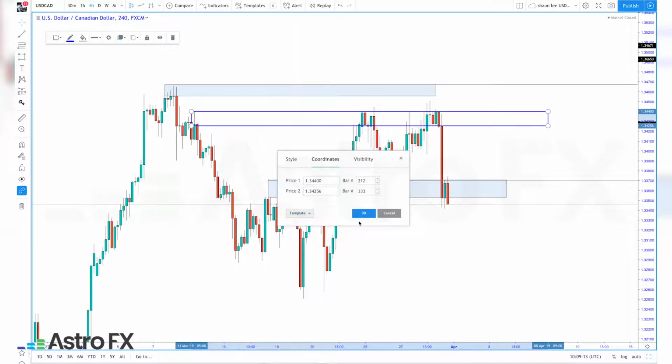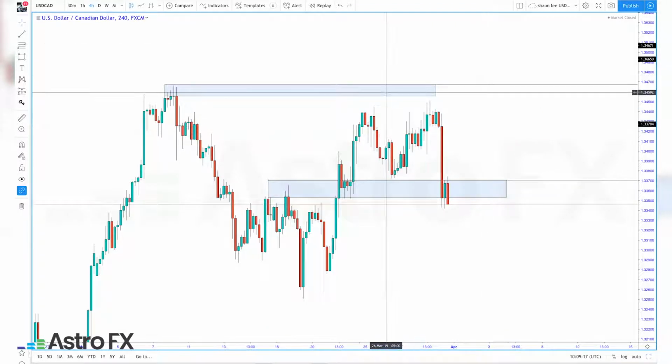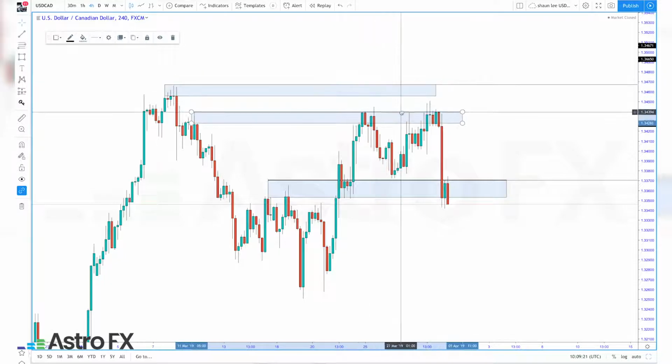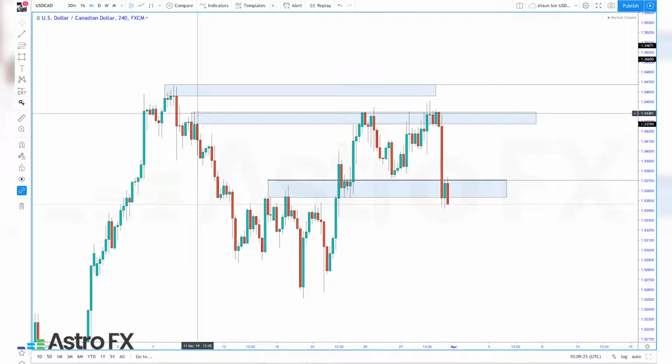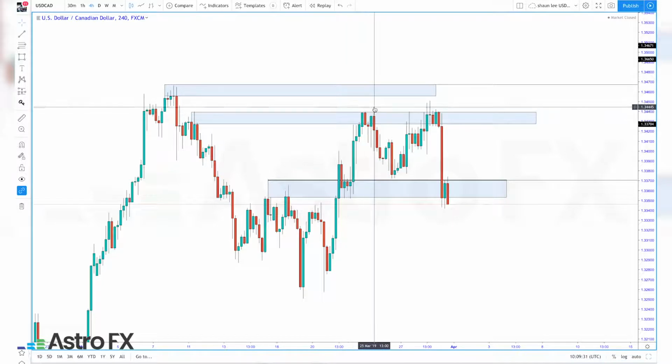Let me just copy and paste this one. I have to just refresh my screen. But if I take the range across from top wick down to the body, bring this across, we have the market pushed into it once, boom, back down.